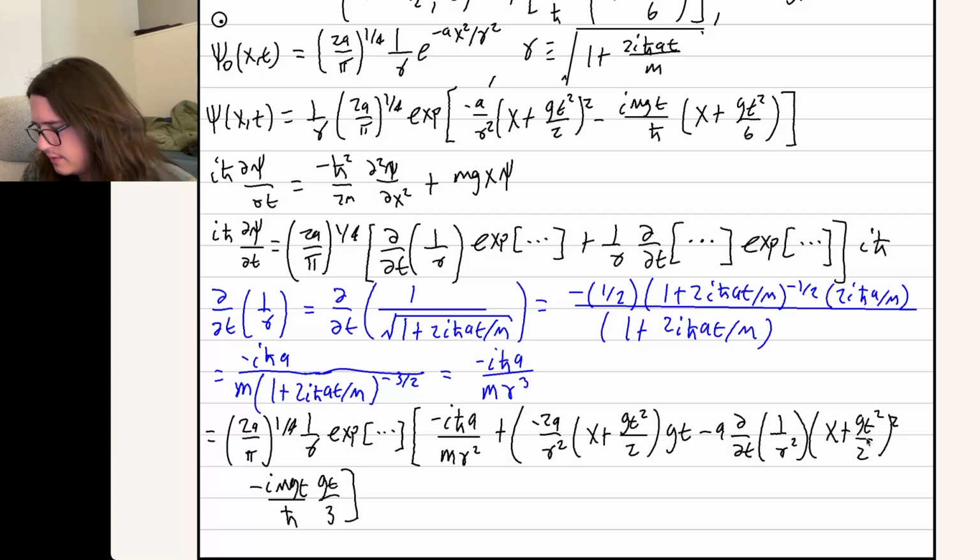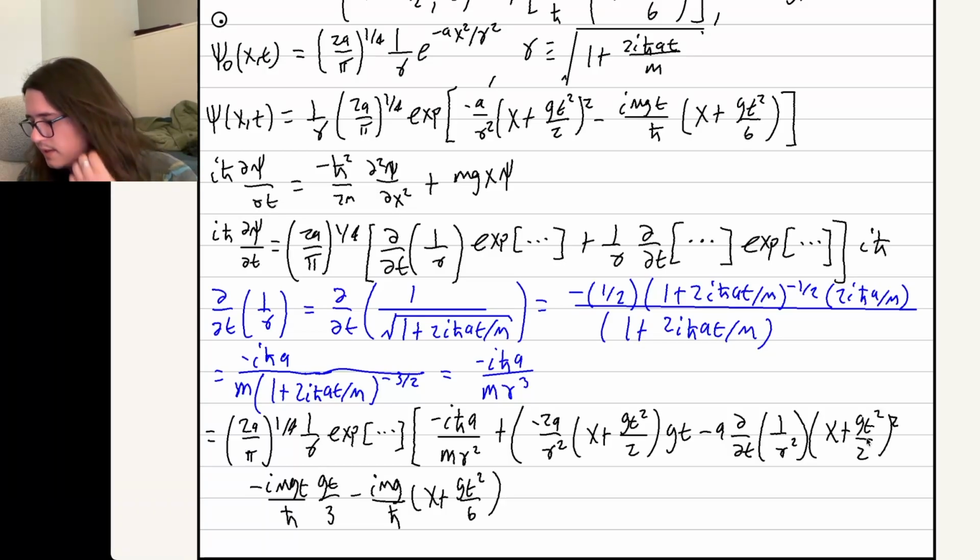But that's not even it, because we also have the minus i mg over h bar (x plus gt squared over 6), because product rule derivative. But yeah, that should be everything.